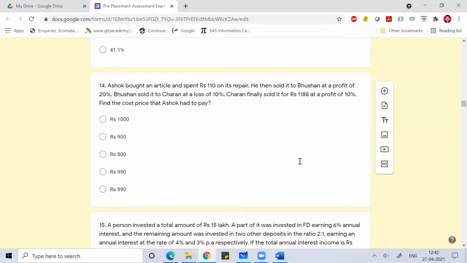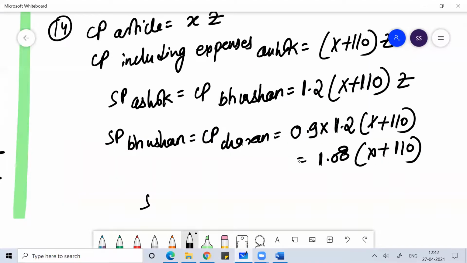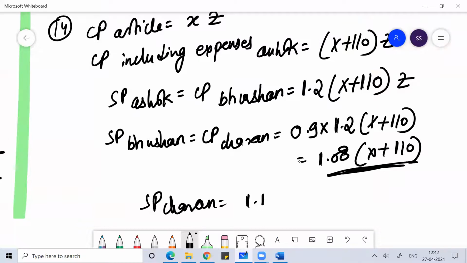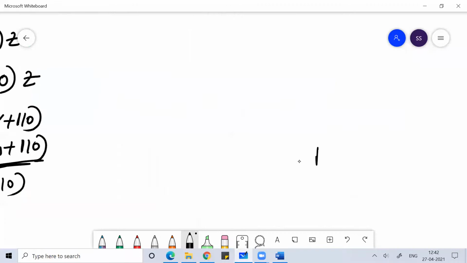Charan finally sold for 1188 at a profit of 10%. This is Charan's cost price, and he is selling at a profit of 10%. 10% profit means 1.1 into 1.08 into (x plus 110). 108 into 11, use Vedic maths, as I told you for multiplying any number by 11: 1, 1 plus 0 is 1, 0 plus 8 is 8, then 8.